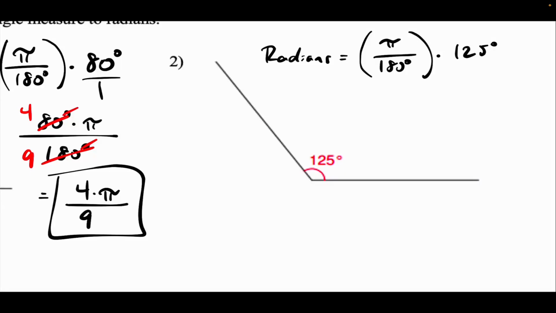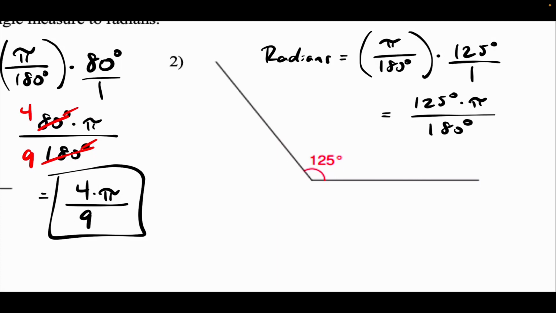Okay. Turn 125 into a fraction. There's no equal sign in the middle, so I'm going to go straight across. I'm not going to quite multiply yet. I'm going to get 125 degrees times pi, and then 180 degrees because it's just times 1, right?